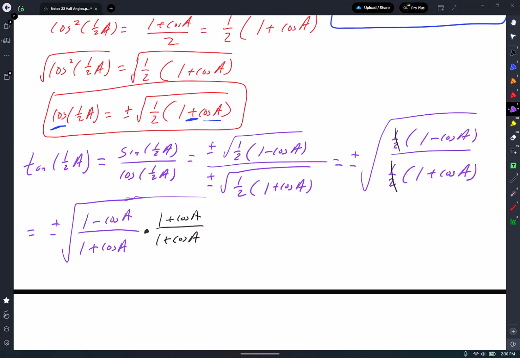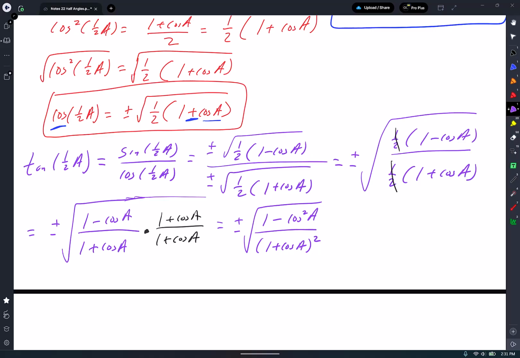So when I do that, plus minus square root 1 minus cosine a times 1 plus cosine a, that's kind of like the difference of squares there. So that's going to be 1 minus cosine squared a over, and then I have a binomial here, 1 plus cosine a, and I have another 1 plus cosine a. So that's going to be 1 plus cosine a, close that square.